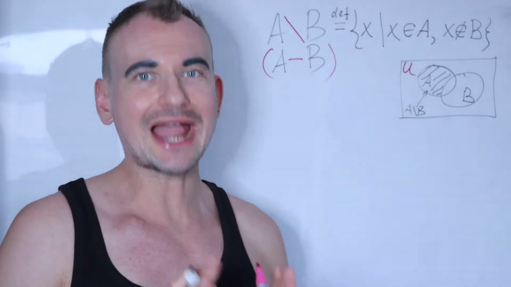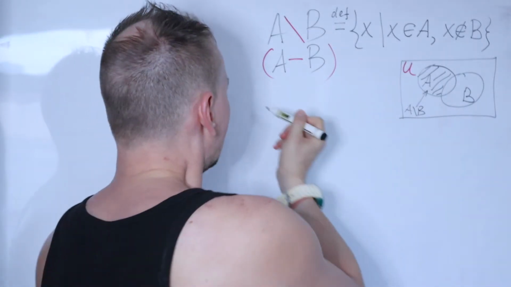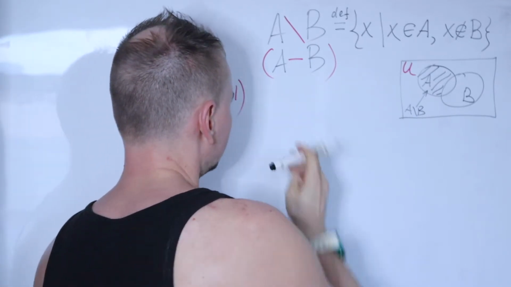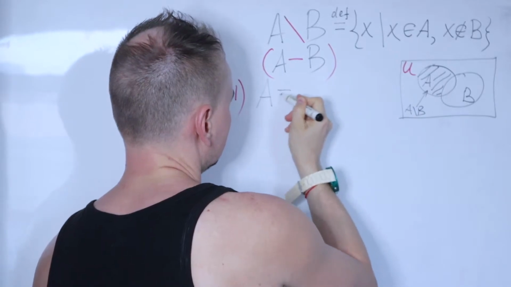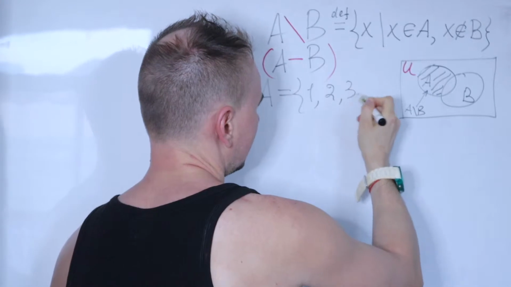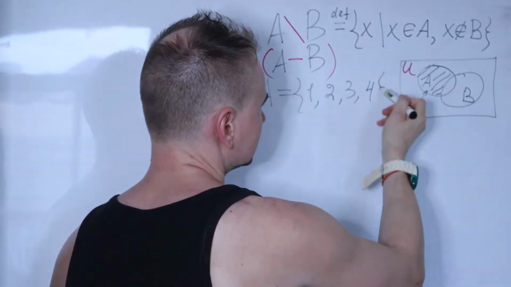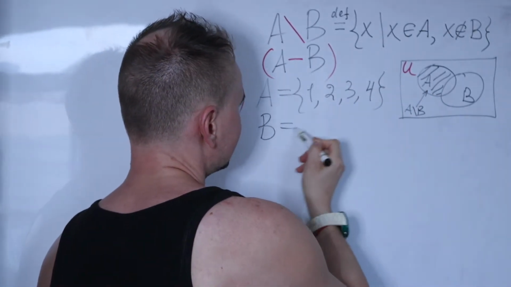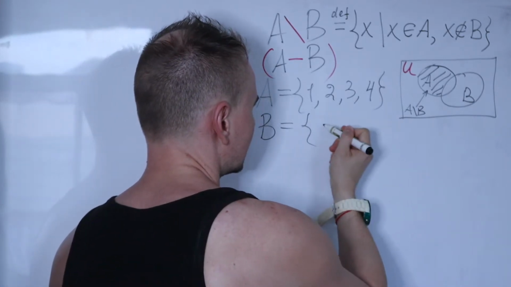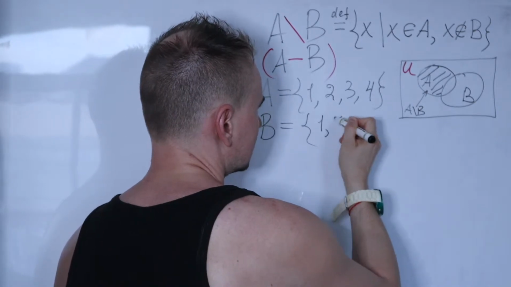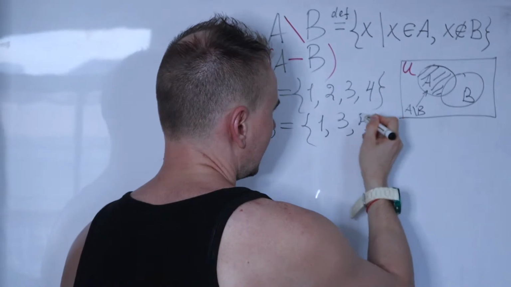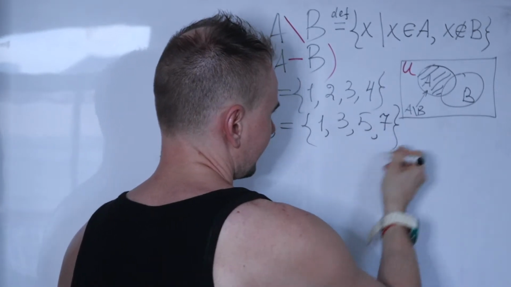Now, let's take a look at some examples. Let's say you are given set A that consists of 1, 2, 3, 4. And let's say you have set B that has the following elements: 1, 3, 5, 7.